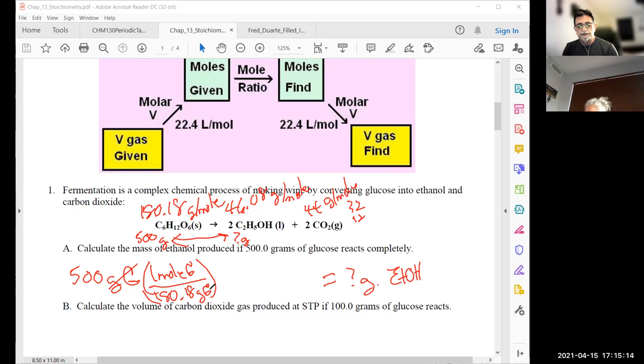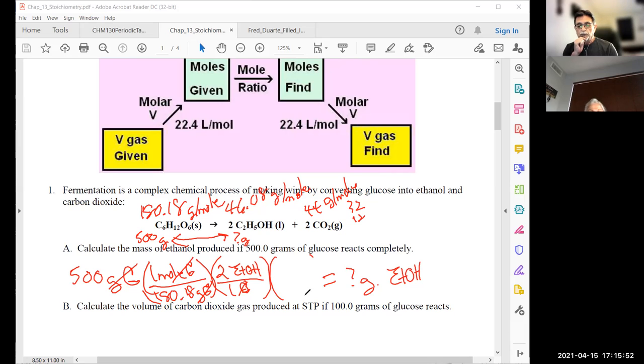The grams of G cancel out, which gives me moles of G. Well, I need to get to moles of ethanol, and I use the stoichiometric relationship from the balanced chemical equation: 2 moles of ethanol per 1 mole of G. You can see how moles of G cancel, leaving me unit-wise with moles of ethanol.